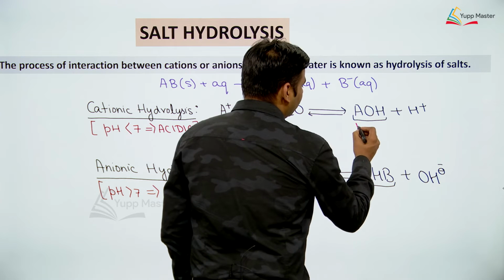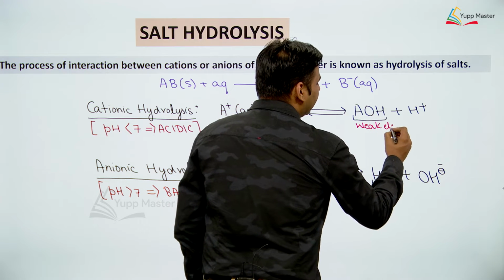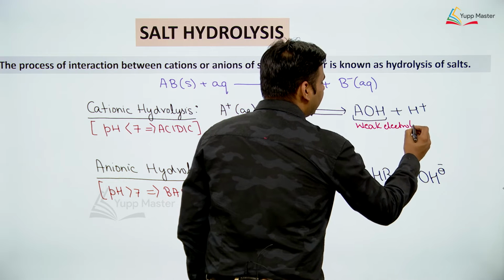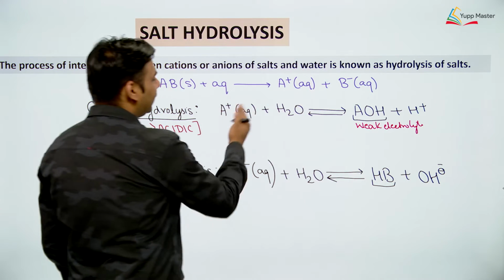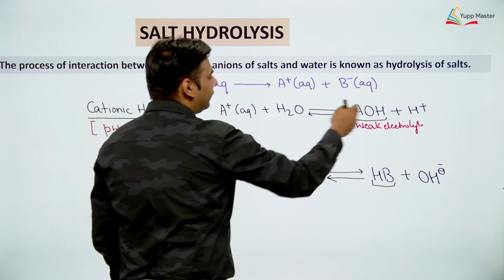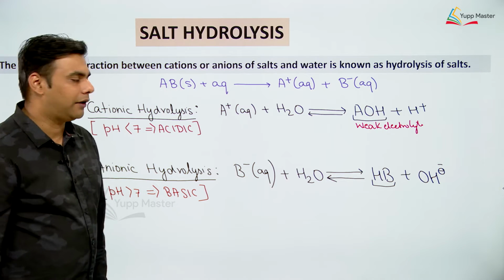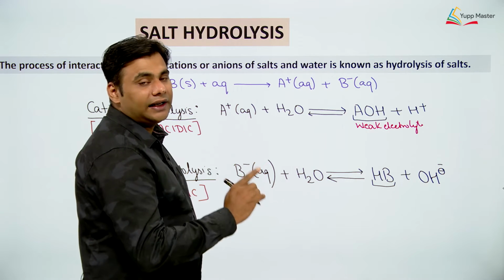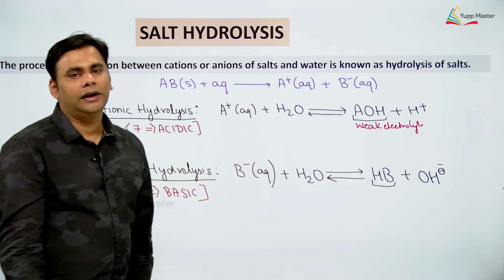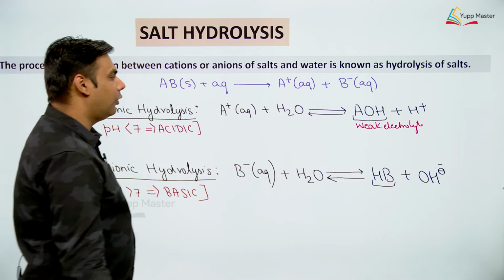So basically this should be a weak electrolyte, because if it is a strong electrolyte, then it would split back into A plus and OH negative, and OH negative would react back with H plus and would have formed A plus plus water. So the reaction would go in the backward direction. Hence we would say that cationic hydrolysis is not taking place.